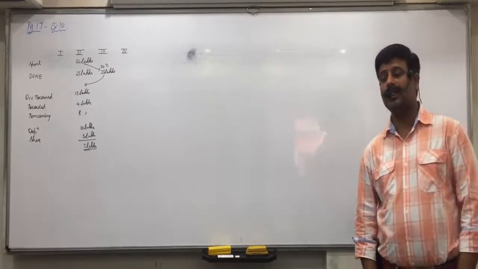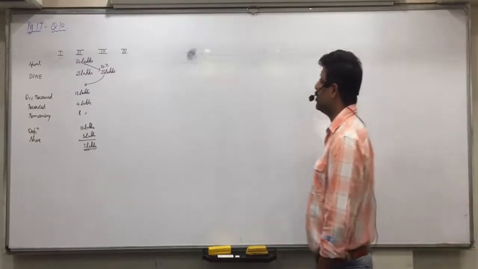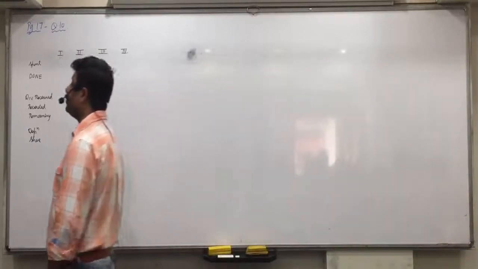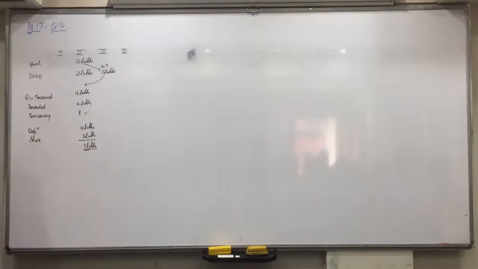So since the share of second quarter is rupees 3 lakhs, the profits will increase by rupees 7 lakhs. In bracket 10 lakhs minus 3 lakhs. So everyone is clear with it?